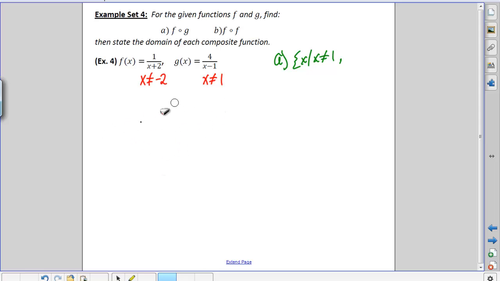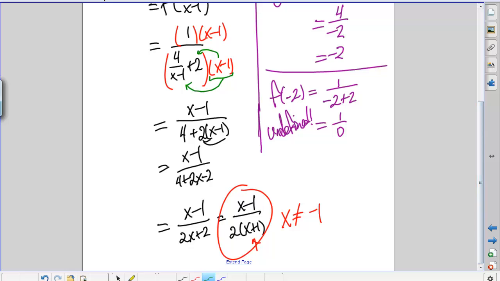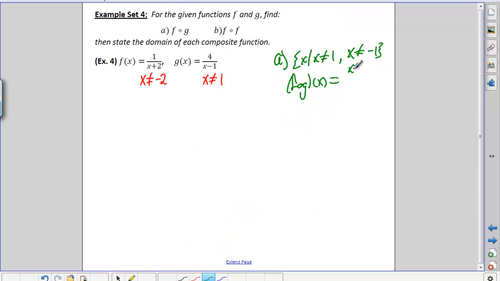We know for part A, we already got our answer. That was, and then f of g, so that's the same functions. We got that to be x minus 1 over 2 times x plus 1.